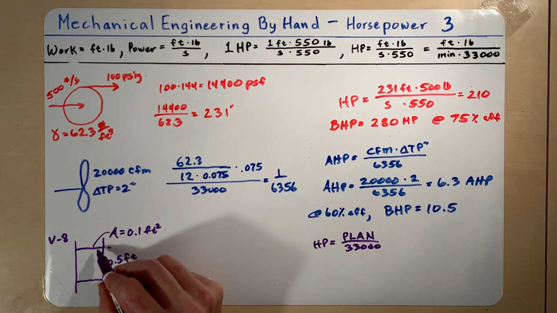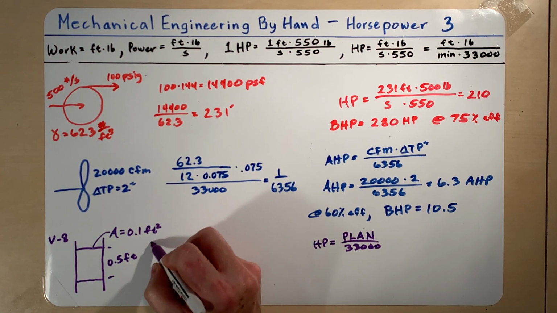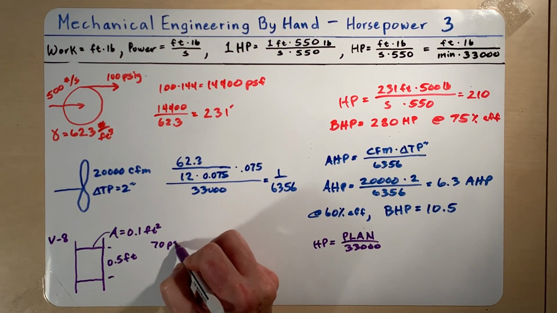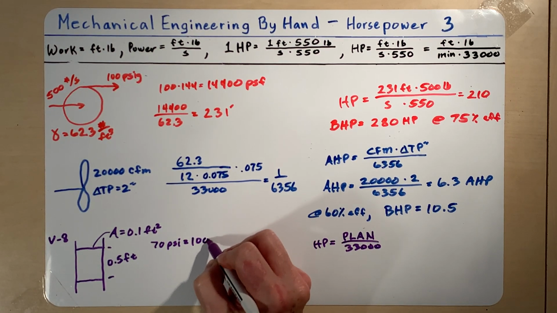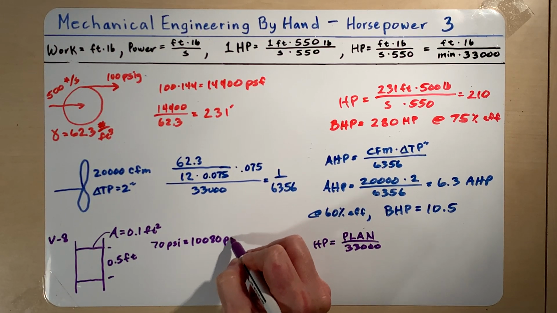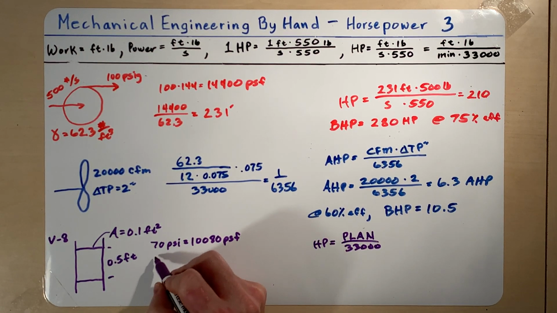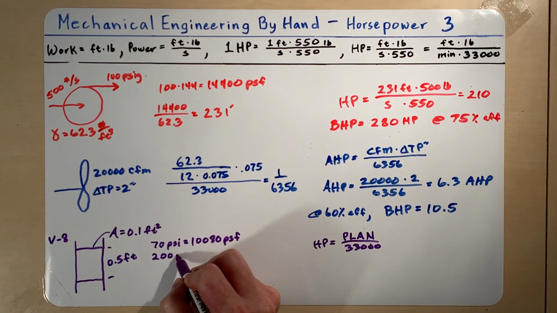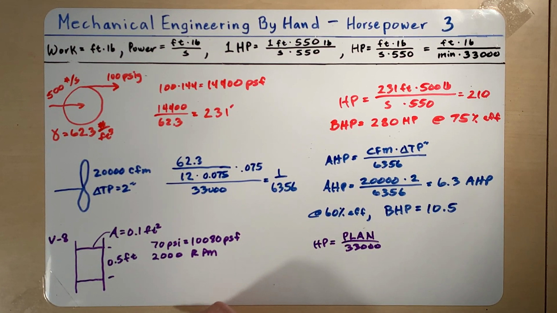We need to either calculate or assume an average pressure over this power stroke. Let's say it's 70 psi, and that equals 10,080 psf. And we need to know the RPM. We'll say 2,000 RPM.